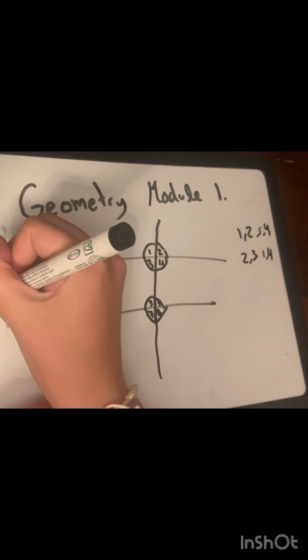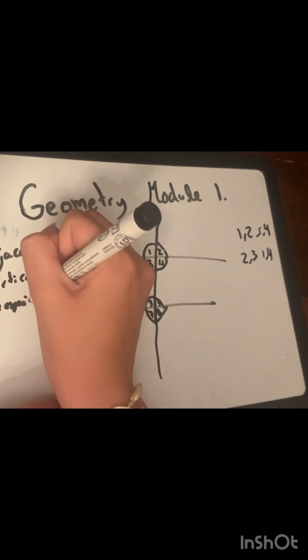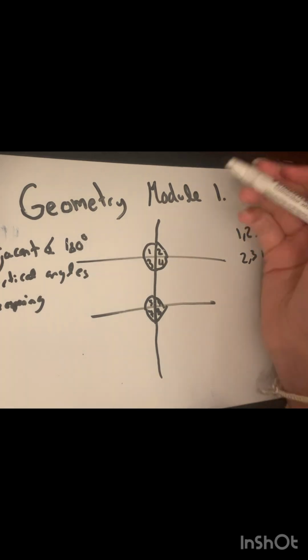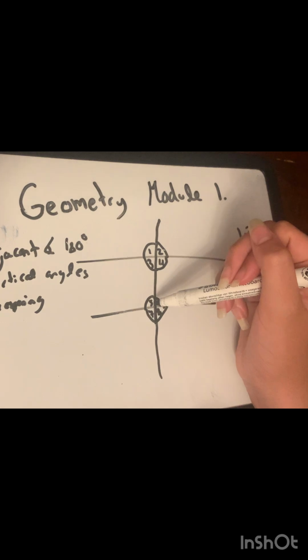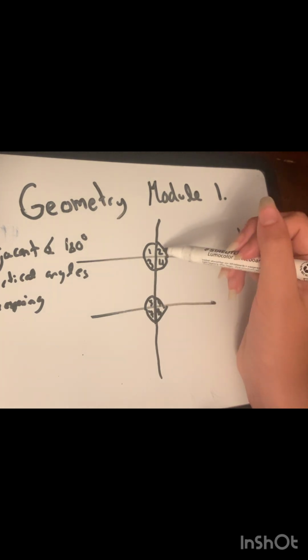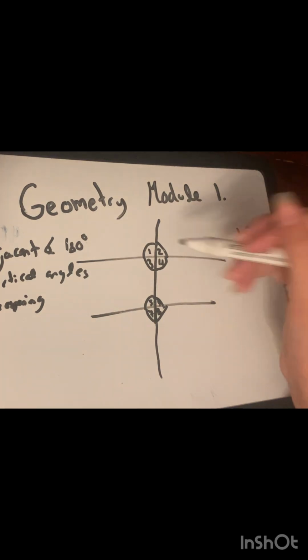Corresponding angles. Those are the ones that are on the same line and they go in the same place as the other one. So, 5, right? What number up here is in the same place as 5? 1.